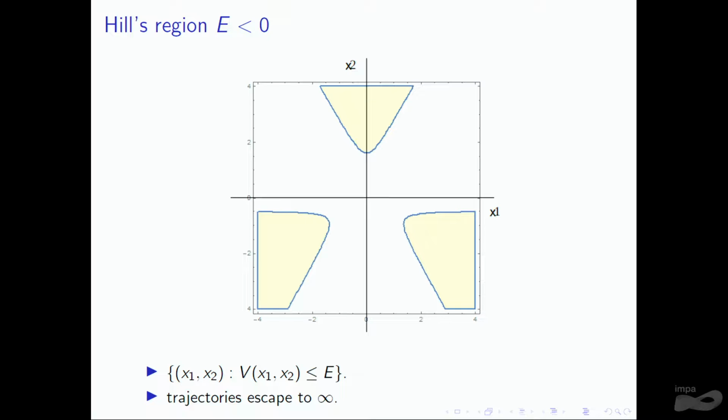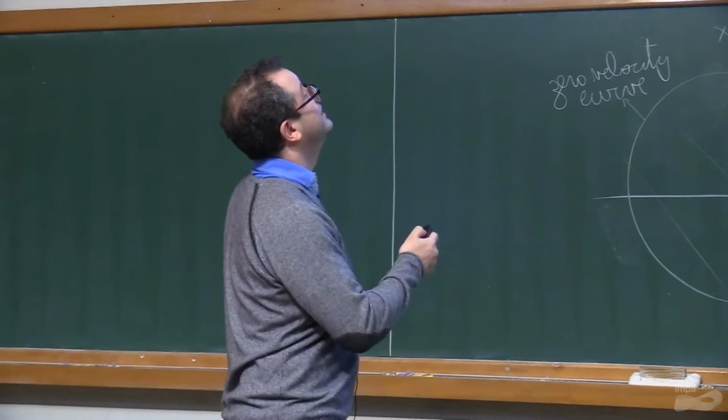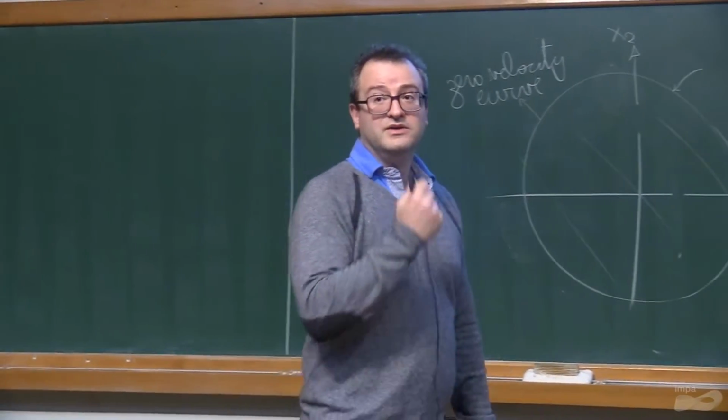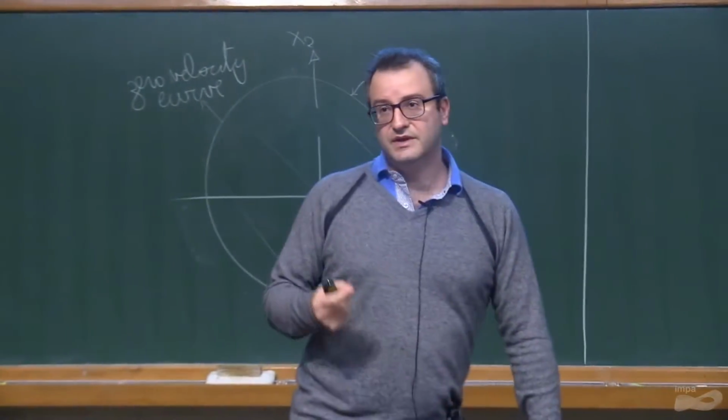When energy is equal to 0, it's a critical value of the Hamiltonian function. So the origin is a critical point, a rest point. It's essentially the same, it's a critical value.